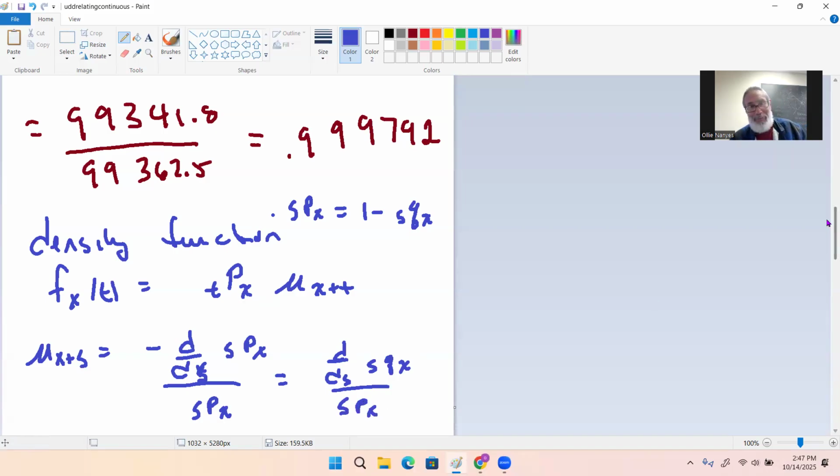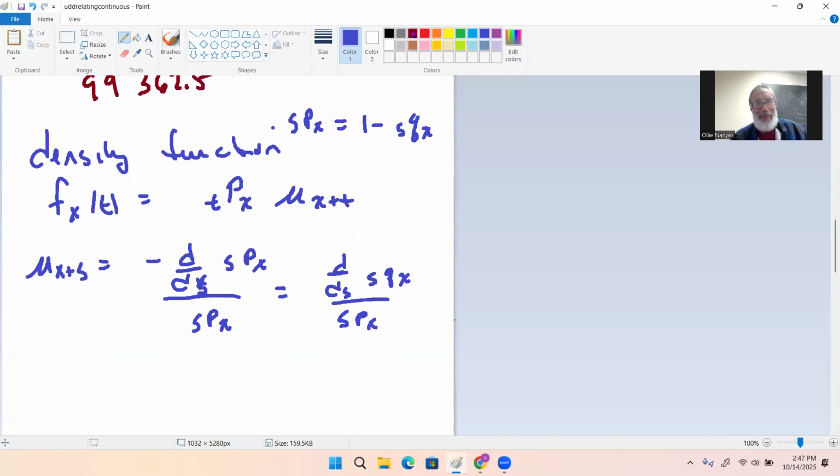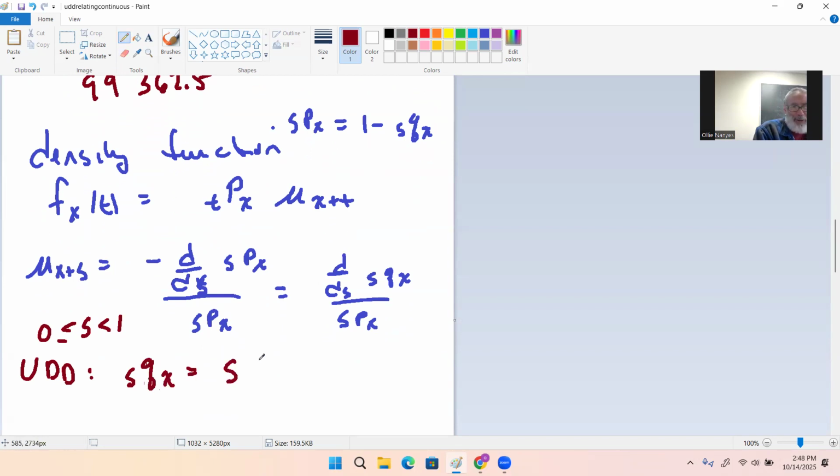Okay, but under uniform distribution of deaths, what that says is that the probability of mortality, and I'm assuming now S is strictly less than 1 and greater than or equal to 0, over that year, and I screwed that up again, this is supposed to be Q, under the uniform distribution of deaths, so I got that right, is just going to be S multiplied by the mortality of a life age x in the next year.